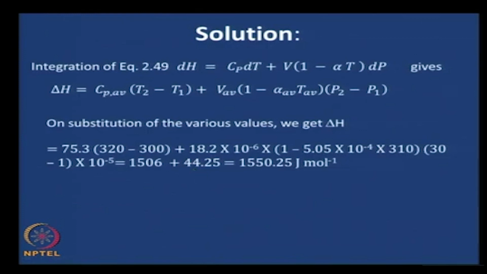In this case, since we have calculated both, we need to calculate both here. This is not too small either, it is 44 out of 1500, and therefore it is good to take this. So 1506 plus 44.25, 1550.25 joule per mole. This is delta H.